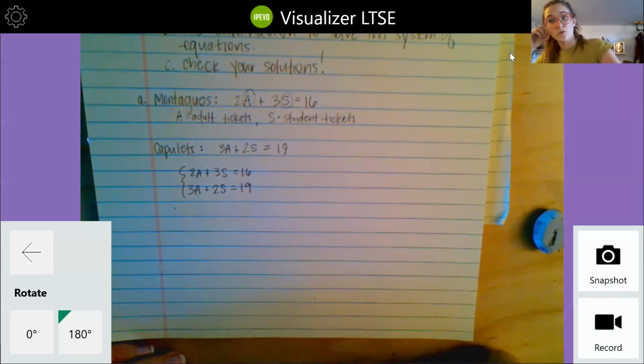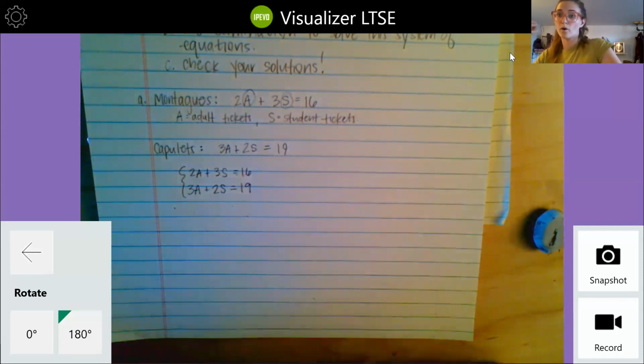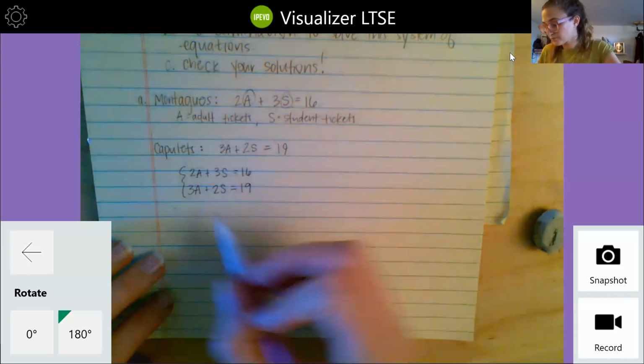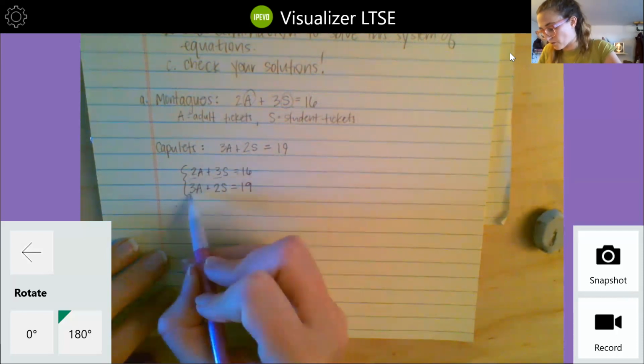So what we can do, you might remember from that definition of the elimination method, is multiply either one or both equations in order to eliminate a variable. So what we're going to do is take a look at the coefficients here.